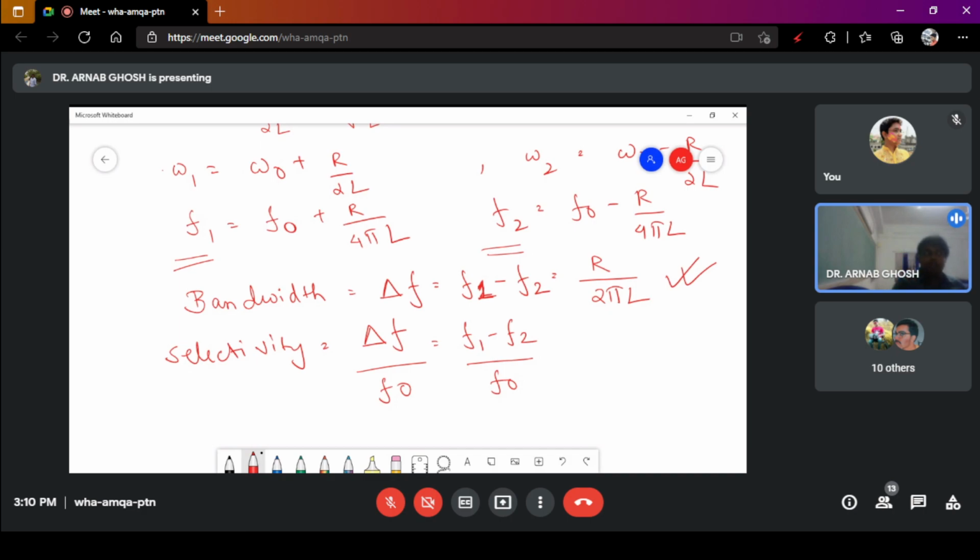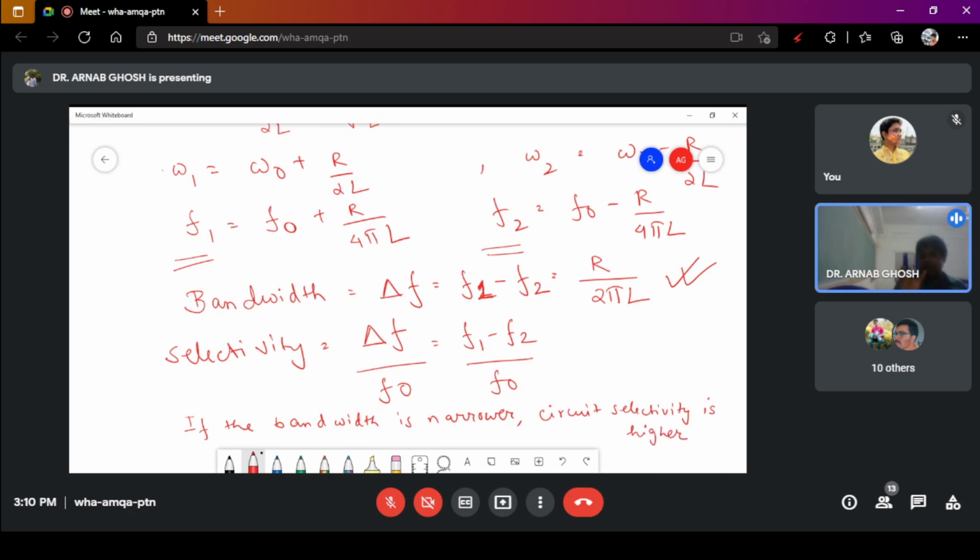So when will the circuit be better? If its bandwidth is narrower. So if the bandwidth is narrower, the circuit selectivity is higher, right?